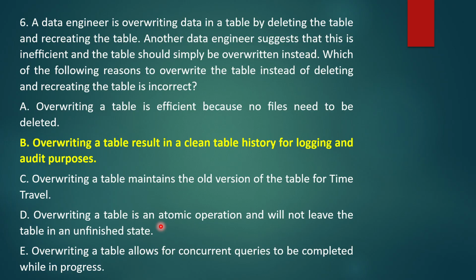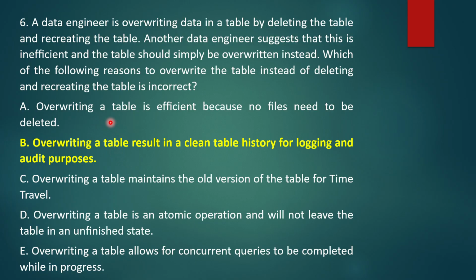Which of the following reasons in favor of overwrite is incorrect? Option B, overwriting a table results in a clean table history for logging and audit purposes, is the incorrect reason.